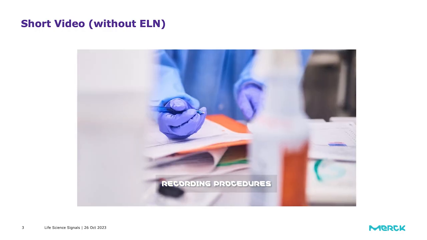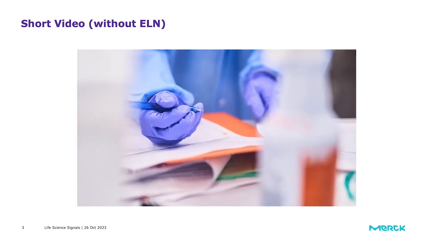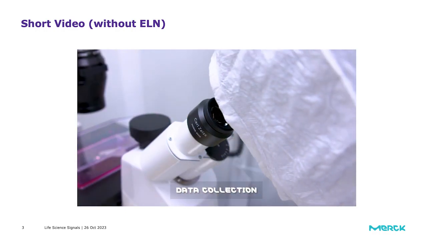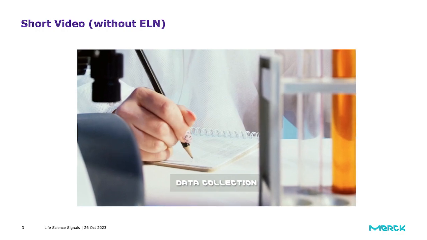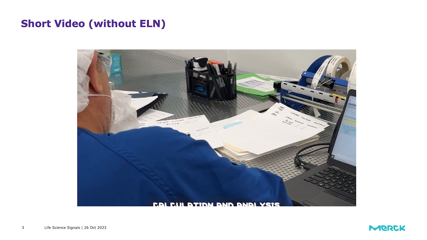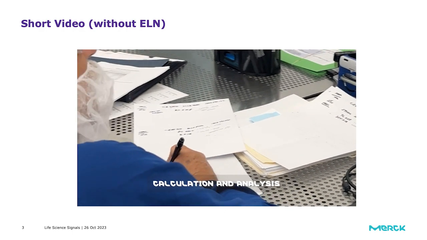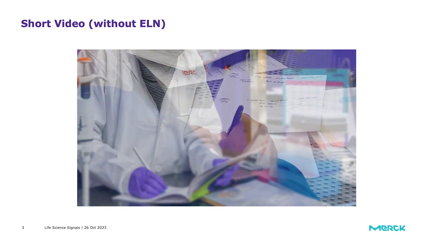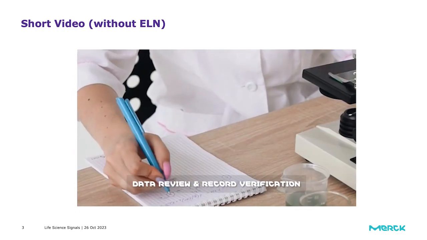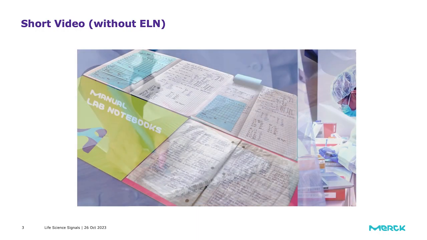This would also ensure replication of the same experiment with accuracy later, if required. Record all data collected, which would include observations, measurements, results from the experiment, photos, and diagrams if possible. Perform calculations and analysis directly in the notebook for results interpretation and record the findings in the notebook. Review the data and verify the record before finalizing the experiment record. And that's how lab records are manually maintained in a notebook.